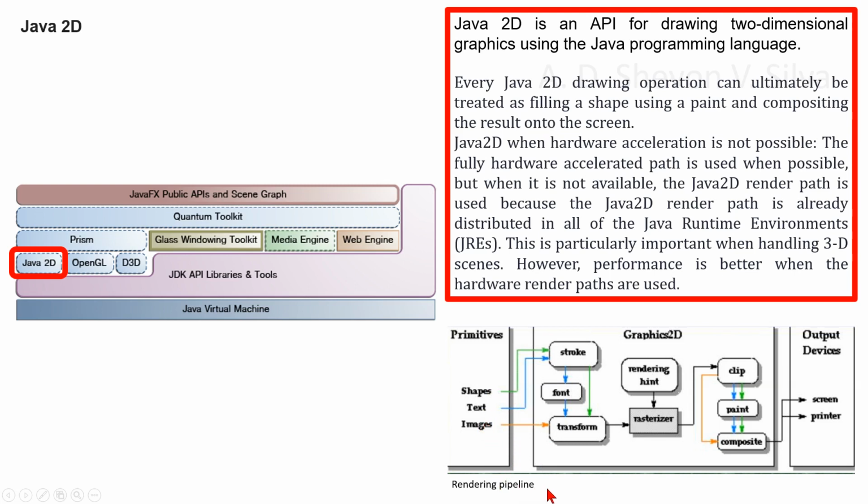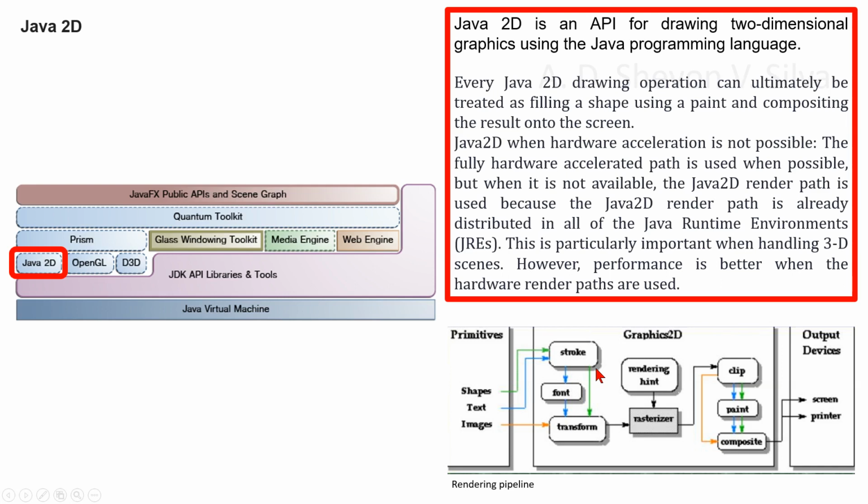In shape operations, step 1, if the operation is a draw shape operation, then the createStrokedShape method on the current stroke attribute in the Graphics 2D context is used to construct a new shape object that contains the outline of the specified shape.